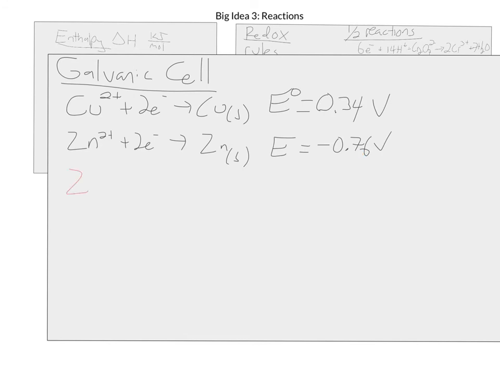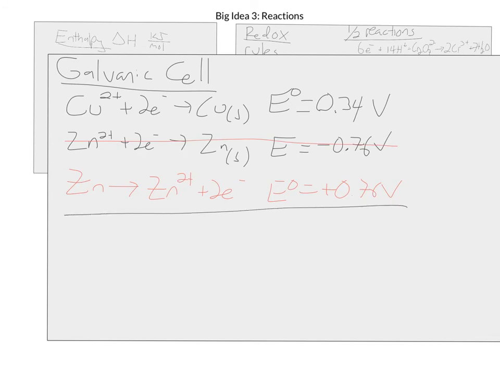So let's make this zinc turn into zinc 2 plus 2 electrons, and the cell potential is now positive 0.76 volts. We don't need to then worry about this.